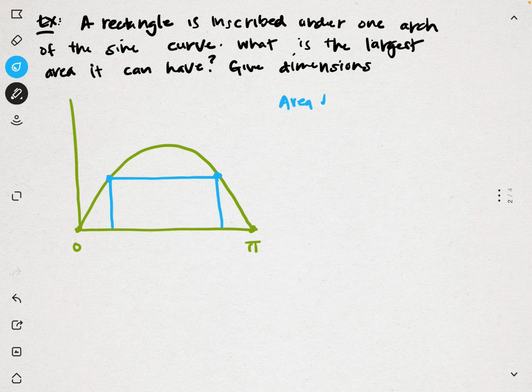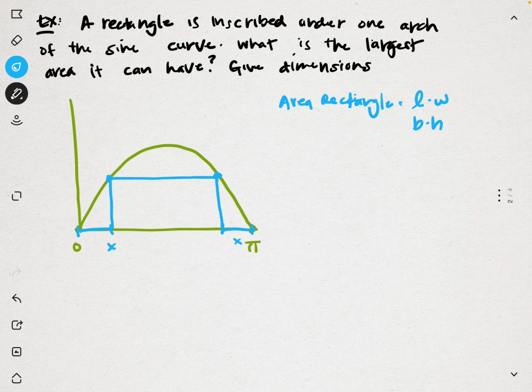Area of the rectangle is length times width, or in this case it might be better to think of it in terms of base times height. So let this be x. Then this segment on the right side would also be x length, because we have symmetry.